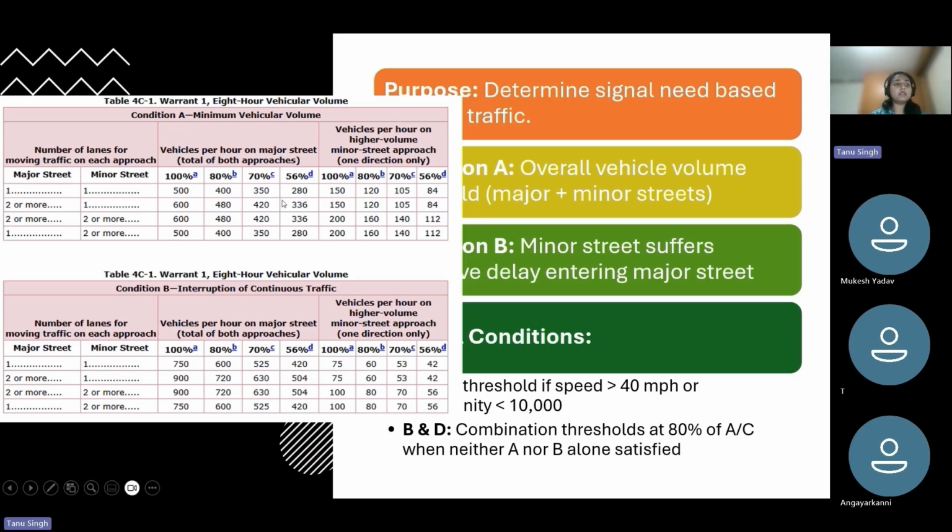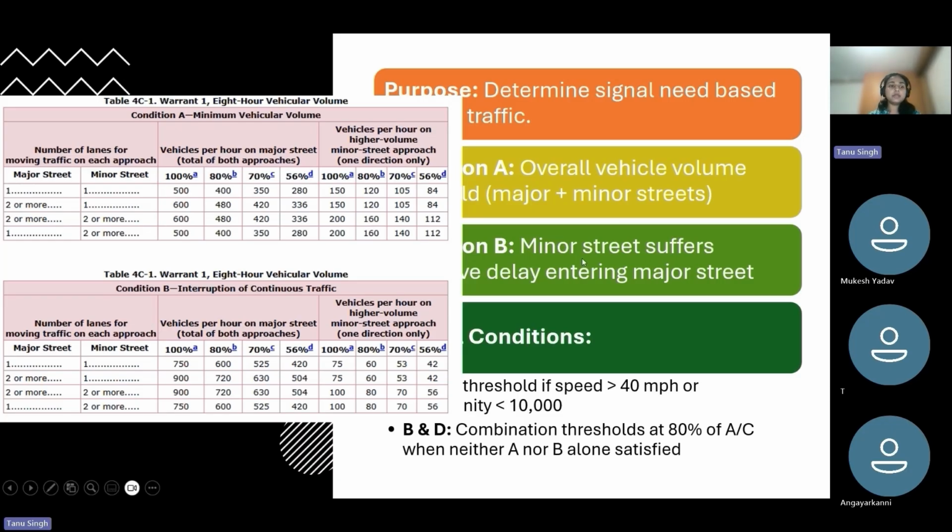And depending on the number of lanes, we determine if it is greater than the values present in the table. So this ensures that we say warrant 1 has been satisfied and can be used as the justification for installing the traffic signal.